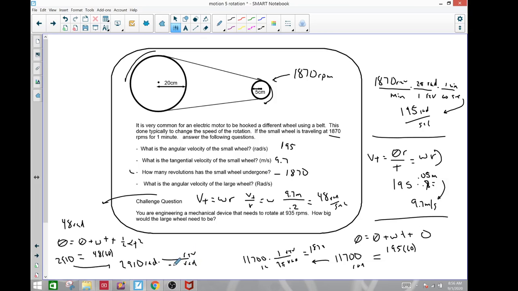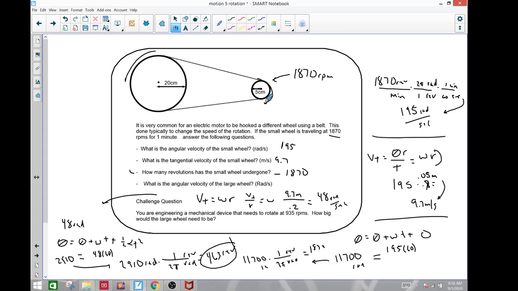And this is going to be 2 pi to 1. And finally, we're going to go divided by 2 divided by pi, and we get 463 revolutions. So that's quite a substantial difference than the small wheel of 1870.